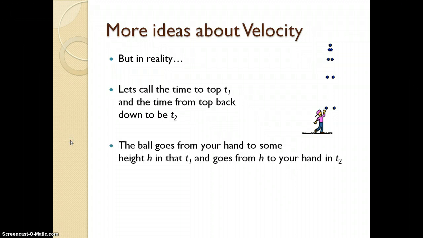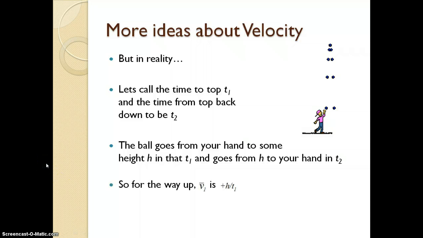Let's also say that the ball goes from your hand to some height h in t1, and then it goes from h back down to your hand in t2. Starts off here, goes up to height h, comes back from h down to here.